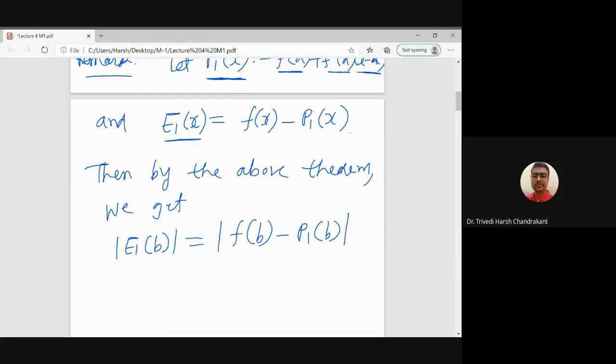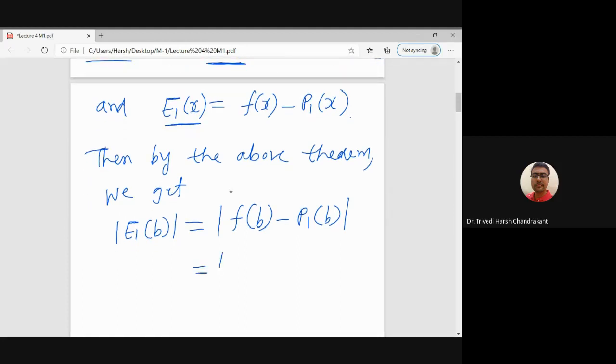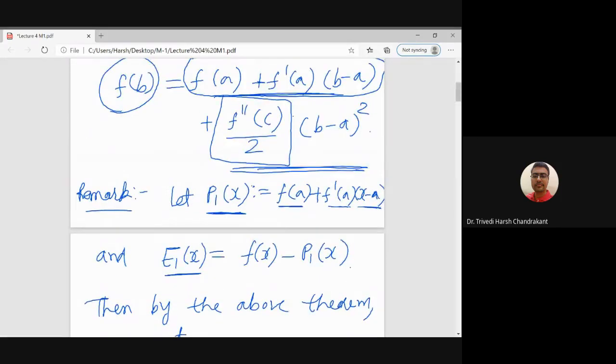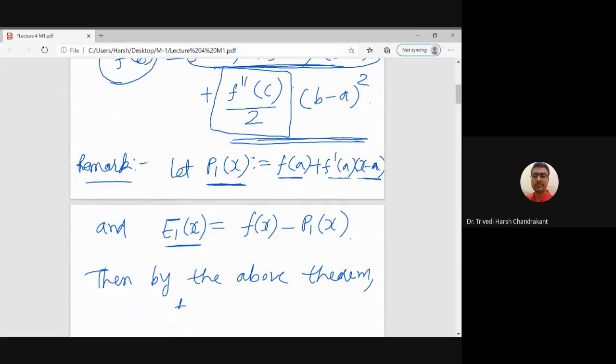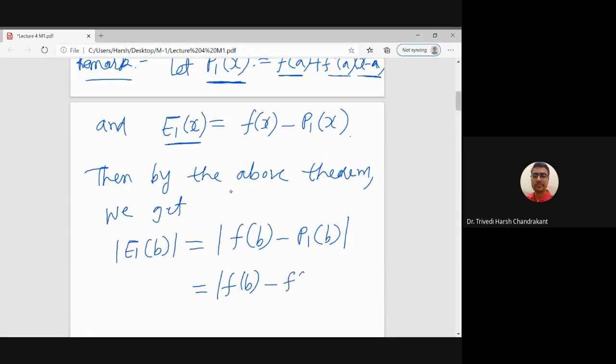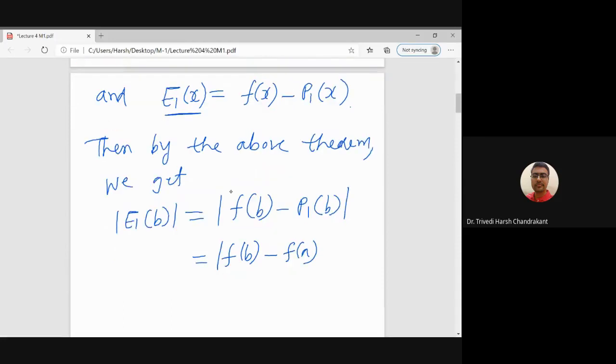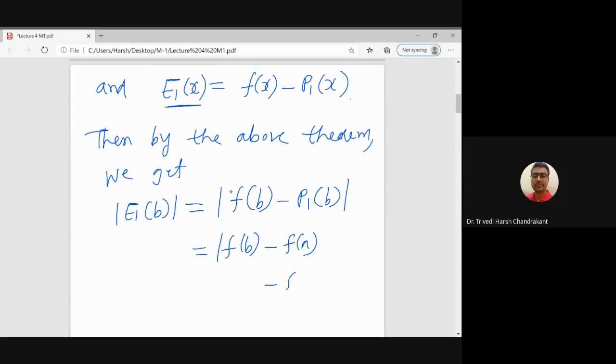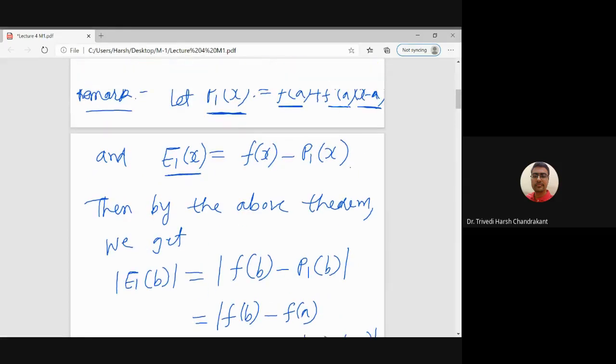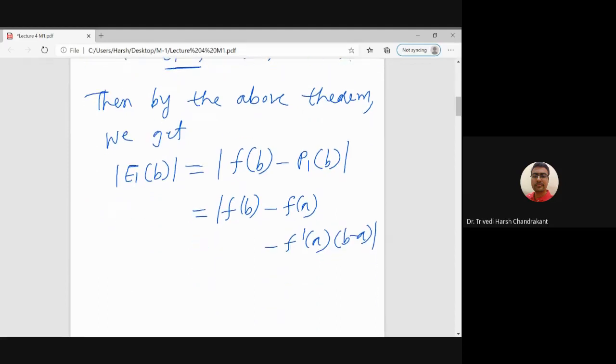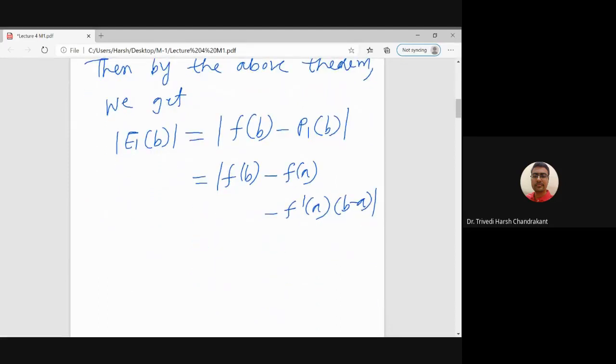Now what is this quantity? This is nothing but f of b minus p1 of b. P1 of b is f of a plus f dash a into b minus a, again substituting x equal to b in p1 of x. So we get this quantity.